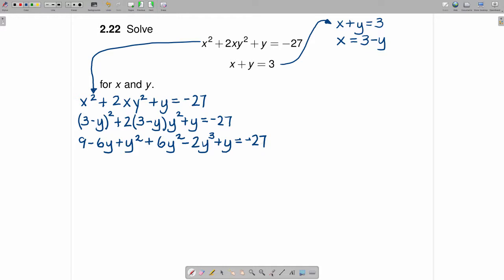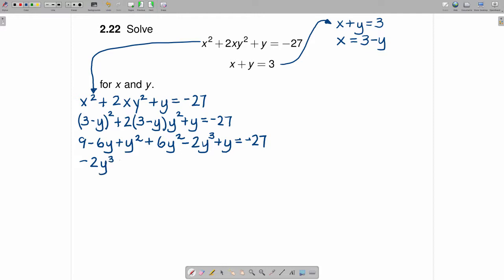The last thing to do here is to collect terms, and we have a number of them. First of all, we have one cubic term, we have 2 quadratic terms, we have 2 linear terms, and 2 constant terms. And we'll start with the highest order first. The highest order cubic term we have here is negative 2y cubed, so that comes first.